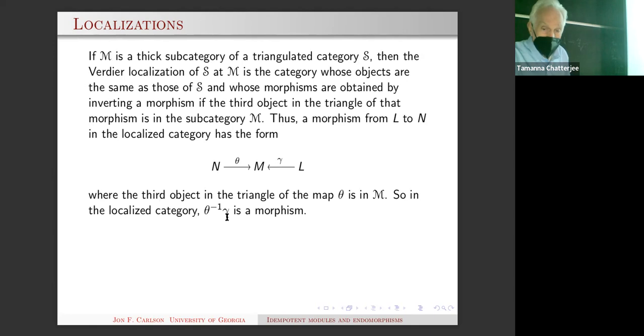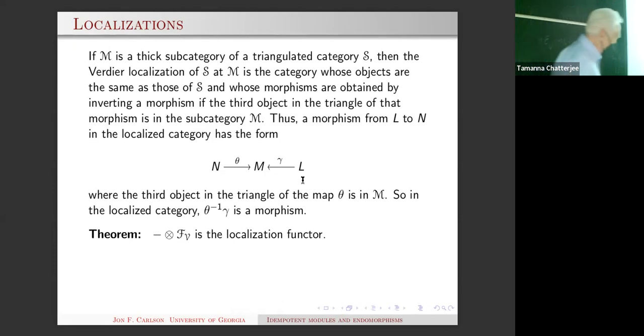In other words, it's going to look like gamma theta inverse, where theta is a map whose third object in the triangle of that morphism is in the category M. So this is sort of the general notion of this.